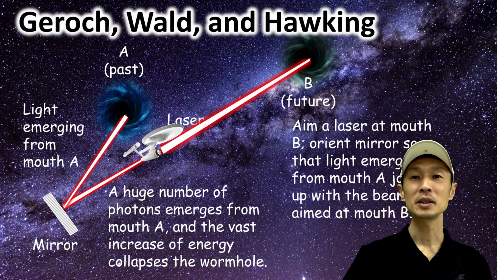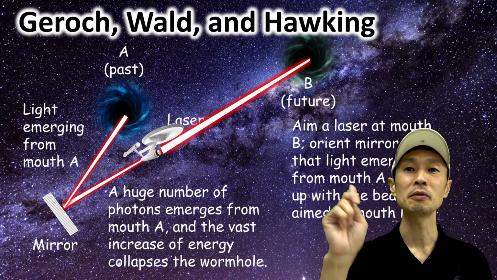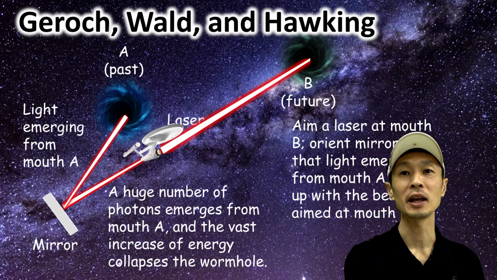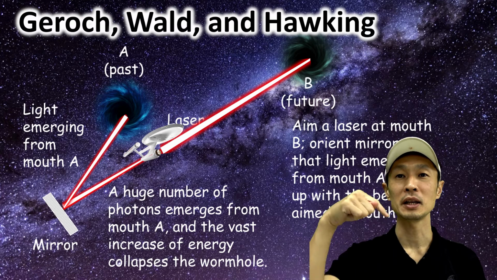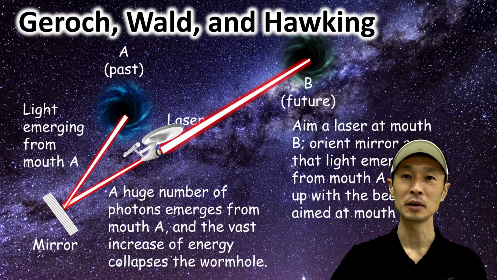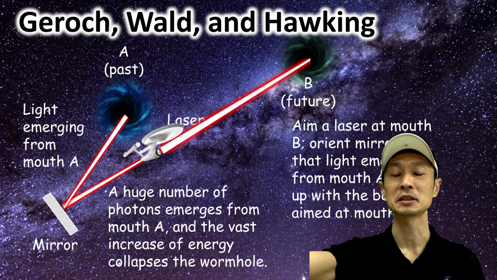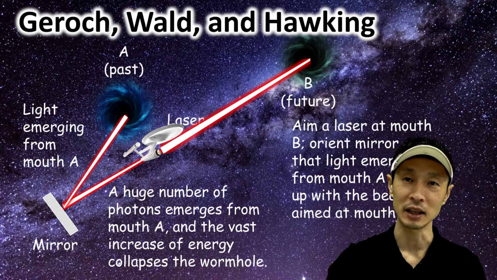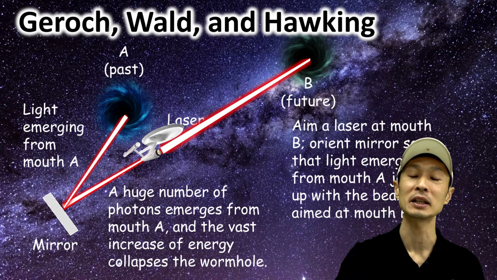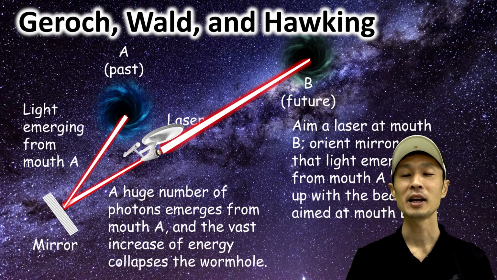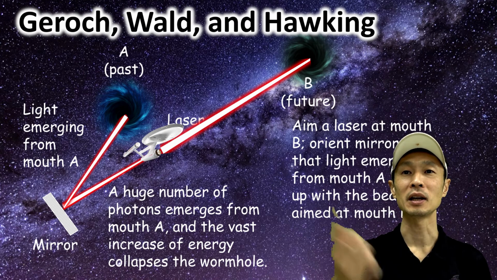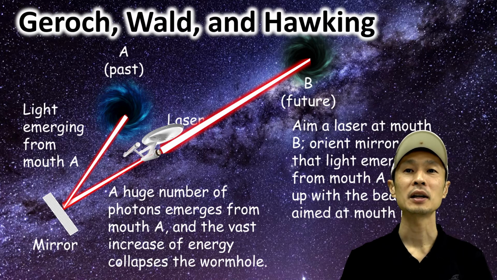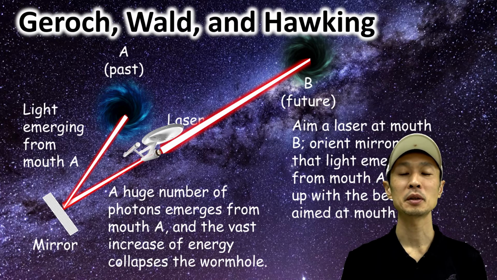So now you've immediately created an infinite loop to enhance the laser, because the laser from the past is going to interfere with the laser you are shooting now, then goes into the past again, comes back, and enhances with you again. So this is an infinite loop. Then the energy is going to be infinitely large, and this large energy is going to collapse the wormhole.